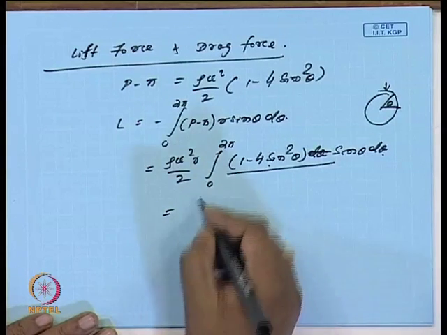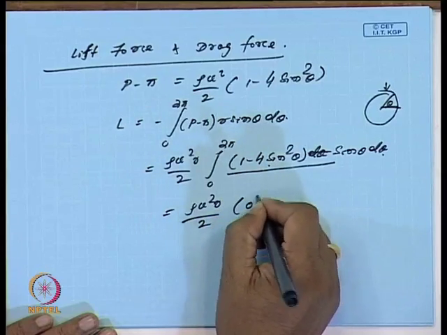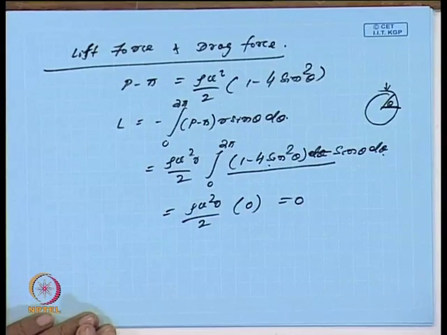If you calculate this, it can be easily seen that the integral of 1 minus 4 sin square theta into sin theta d theta from 0 to 2 pi is 0. So, the lift force is 0.